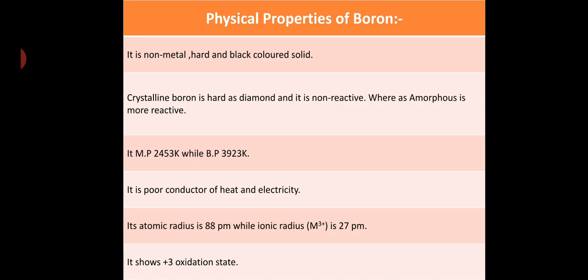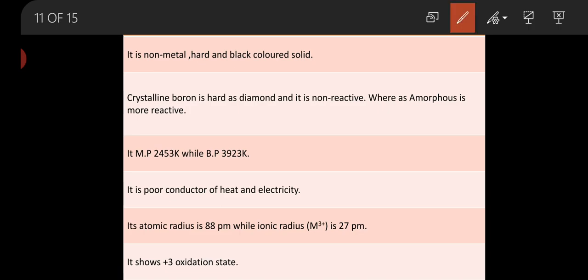Now, the important concept: physical properties. Up till now we have studied the different properties of the 13 group, and we have also seen the anomalous properties of boron. Depending upon these, the physical properties of boron are explained here.